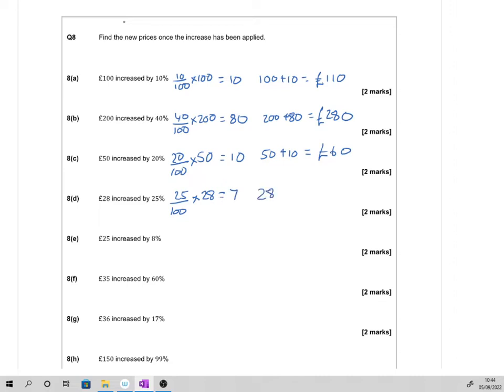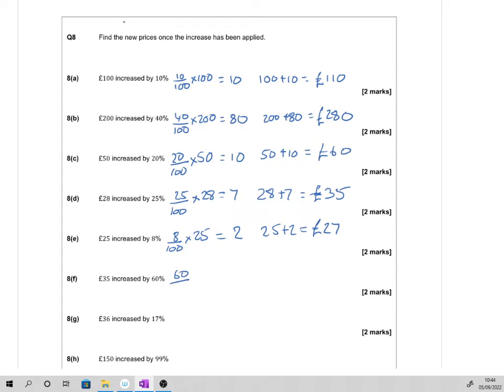So 28 plus 7 equals 35. 8% times 25. I don't know what that is, so I'm going to have to do it. 8 divided by 100 times 25 equals 2. So 25 plus 2 equals 27.